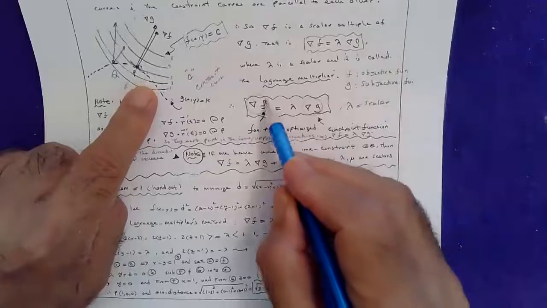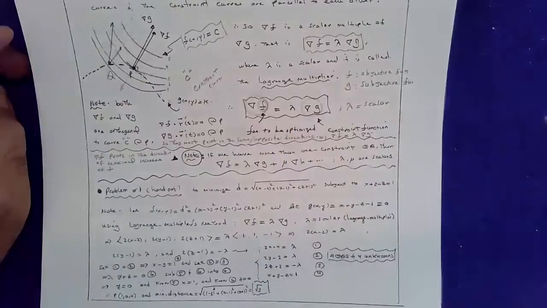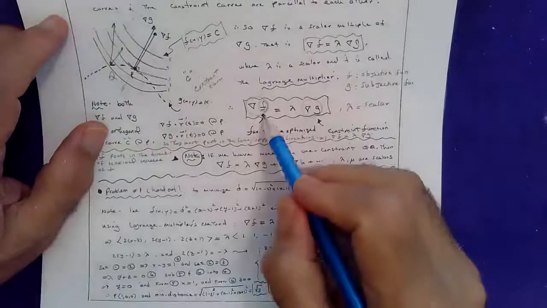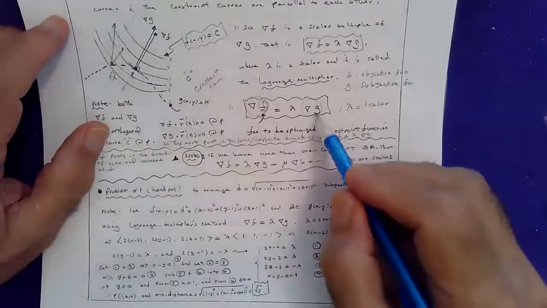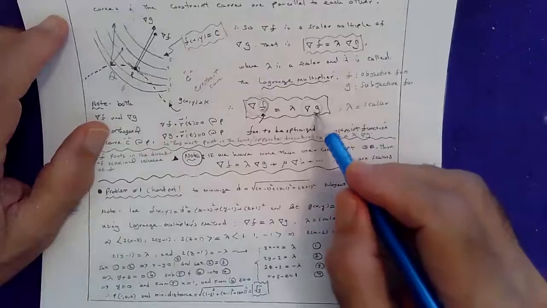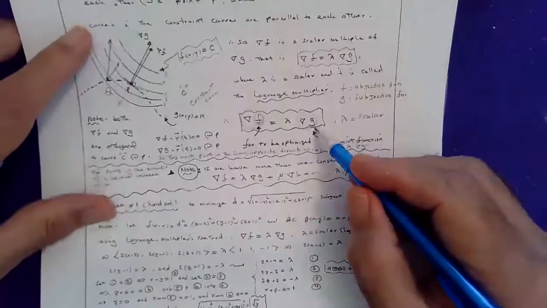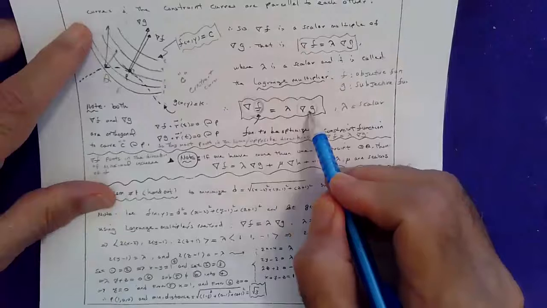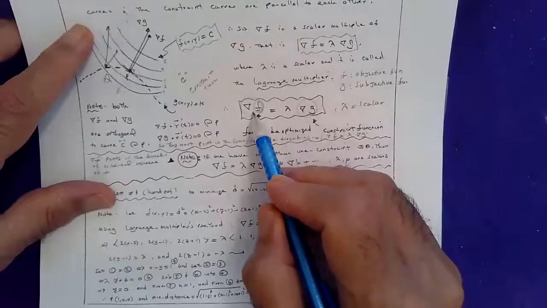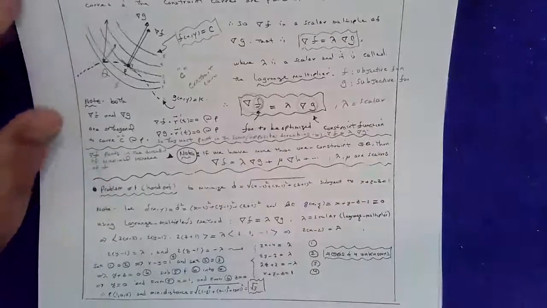The function you're trying to find its minimum or maximum has to go on the left, and lambda, a scalar multiple of the constraint equation, has to go on the right. So lambda goes with the constraint equation. The function we're trying to optimize does not have any lambda attached to it.